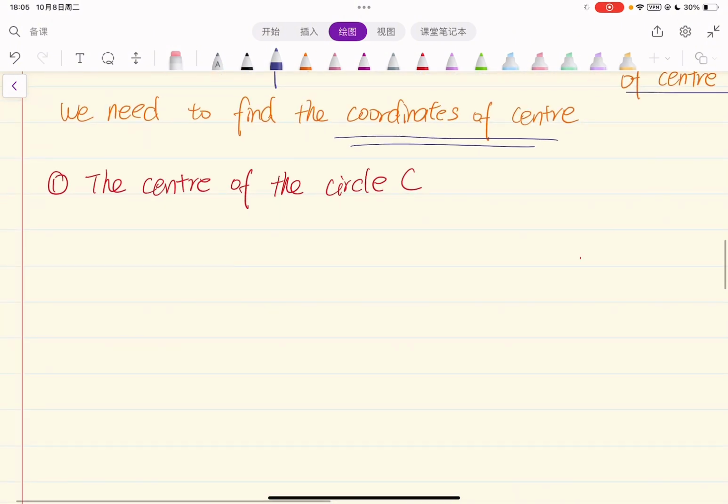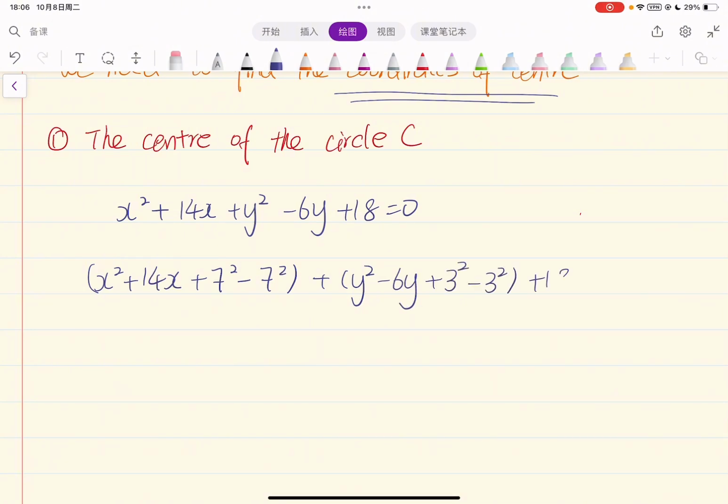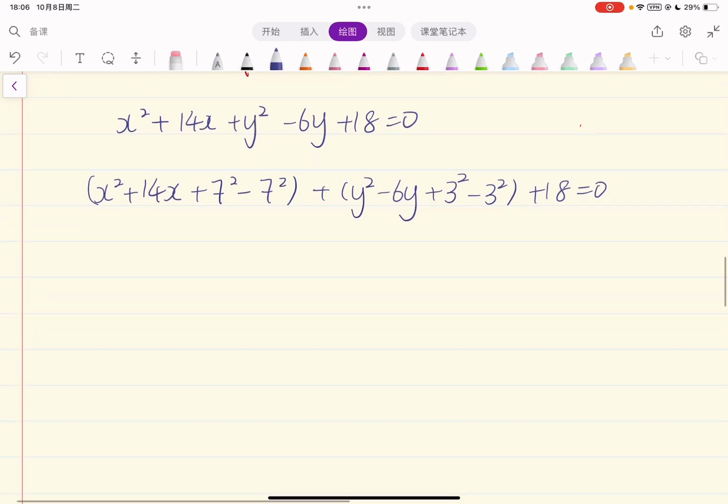We have x squared plus 14x plus y squared minus 6y plus 18 equals 0. So we do completing the square. We have x squared plus 14x plus 7 squared minus 7 squared plus y squared minus 6y plus 3 squared minus 3 squared plus 18 equals 0. And we rearrange that.